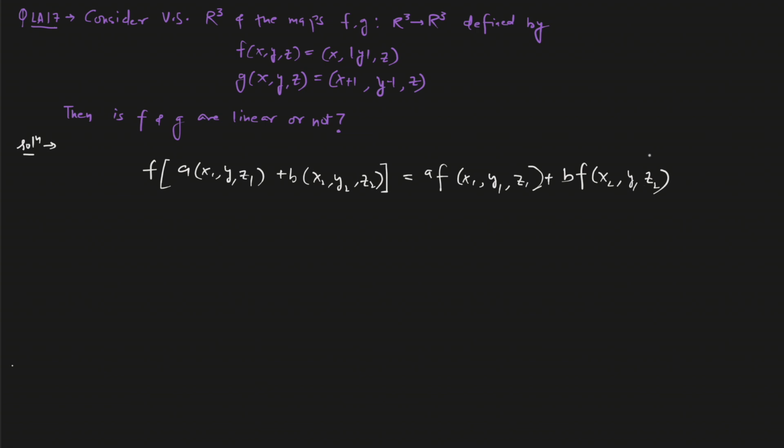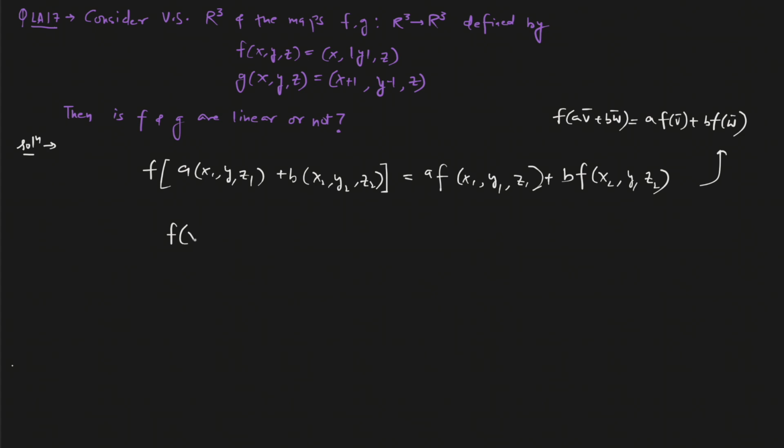So basically it is saying that f of a times v plus b times w is equal to a times f of v plus b times f of w. So we need to check this.